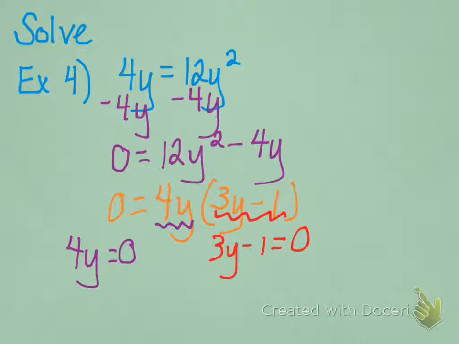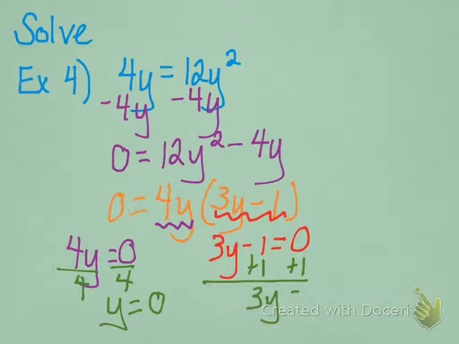On the first one, you're going to divide by 4. Like always, 0 divided by anything is 0. On the second one, you're going to add 1 to both sides. So you have 3y equals 1. Then you're going to divide by 3. And you have y equals 1/3.